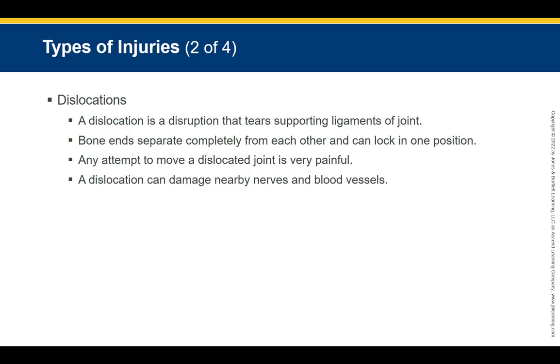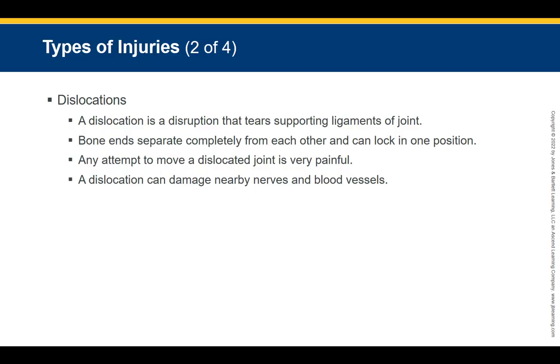Now, a dislocation is different because it's just ripping the ligaments, maybe even disrupting the tendons in those areas. It doesn't necessarily mean that there's anything broken. It's just pulled out of joint. It's like taffy where I've pulled it all apart.